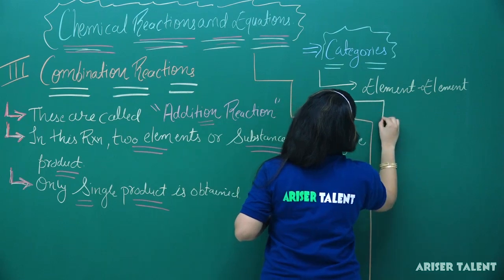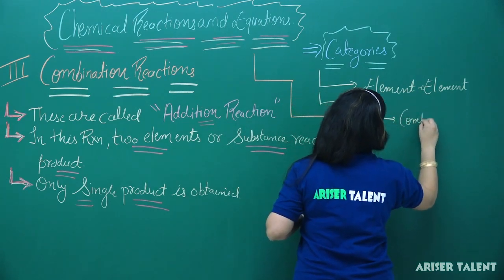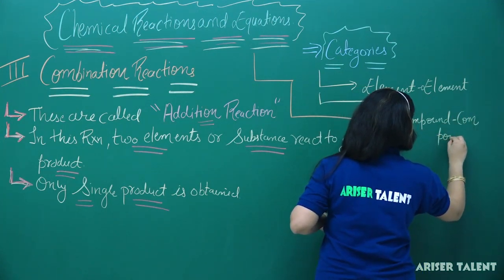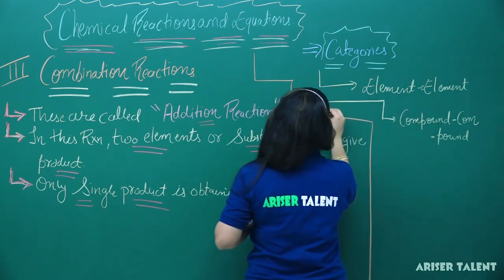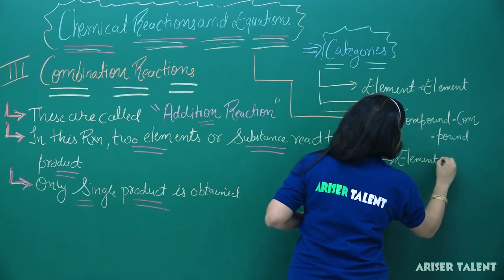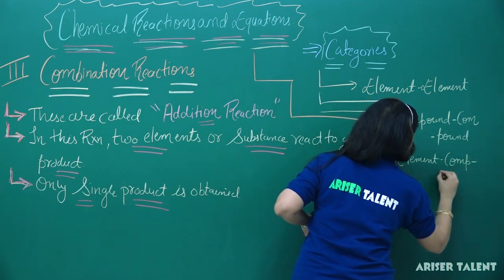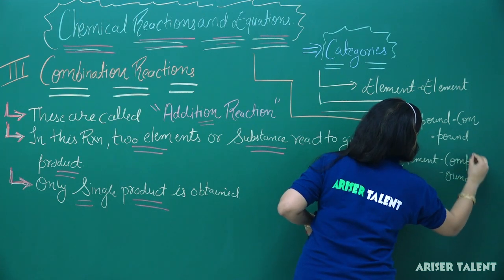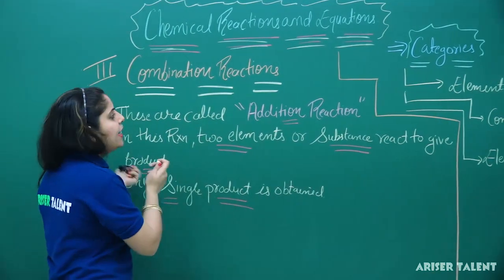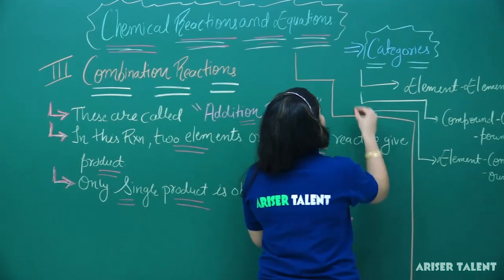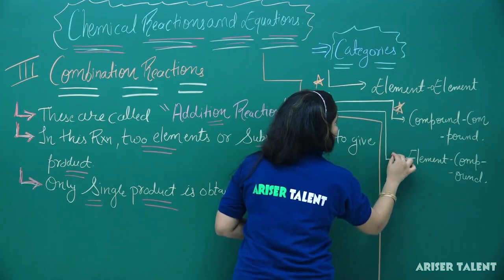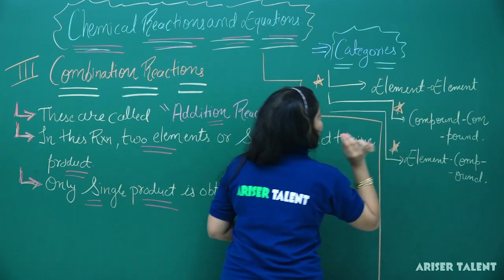The reaction can be compound-compound. And the reaction can be element-compound. So, here are the three classifications or categories of the addition reaction: element-element type, second compound-compound type, and third element-compound type.